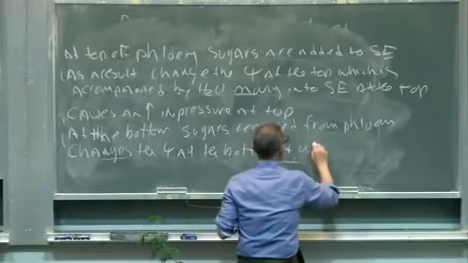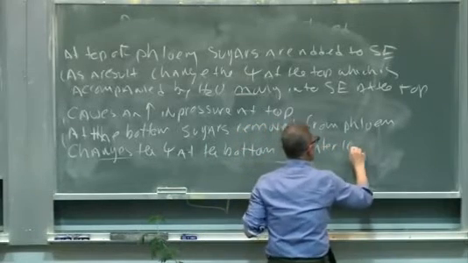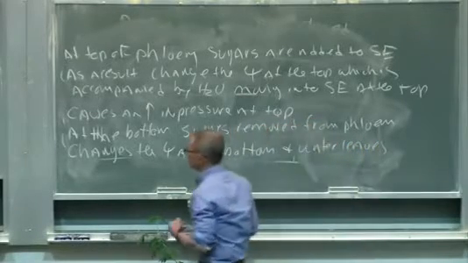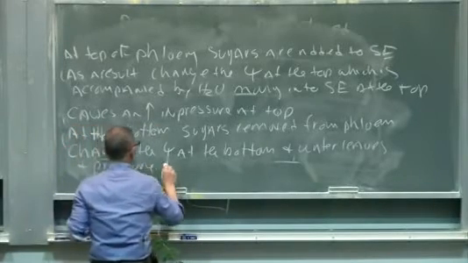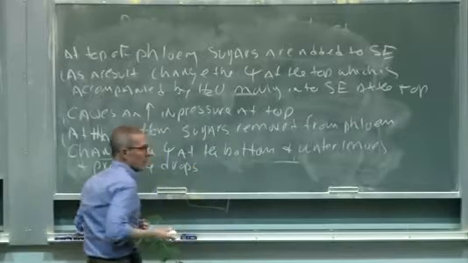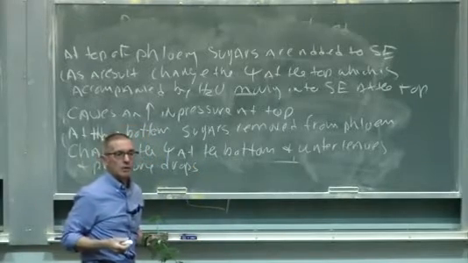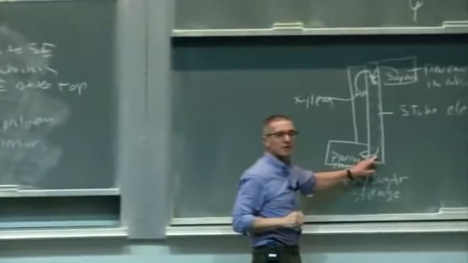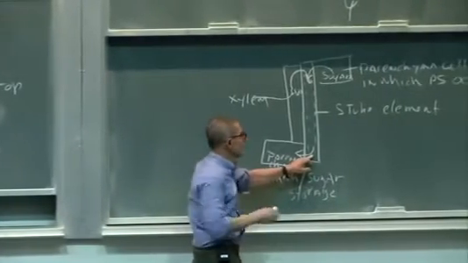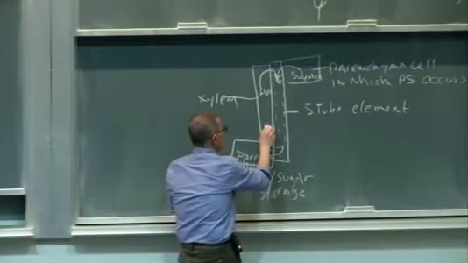And water leaves, and pressure drops. Where does the water go? Well, we've now changed the water potential here in the xylem, in the sieve element, and some of the water goes back into the xylem again.